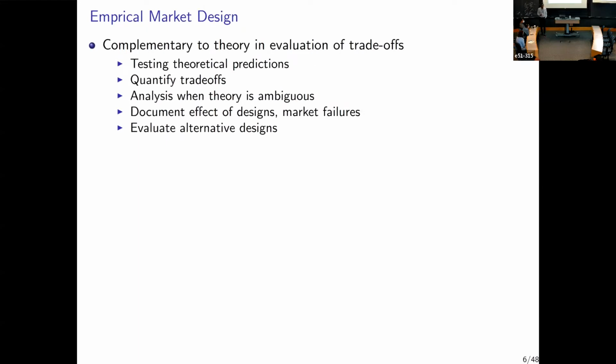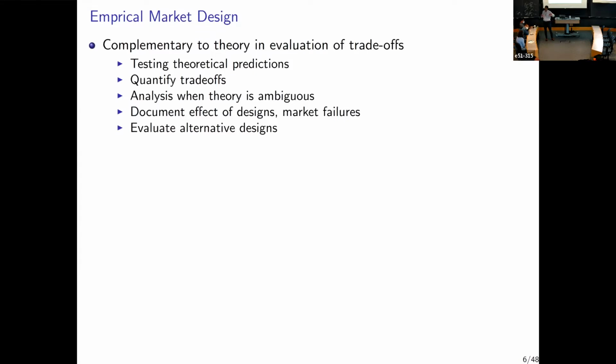So how do I think about empirical market design? Well, it's complementary to theory, because theory is going to tell us some predictions about equilibrium, and we can go out and verify those predictions, test those hypotheses. Theory is going to tell us that there are some trade-offs.